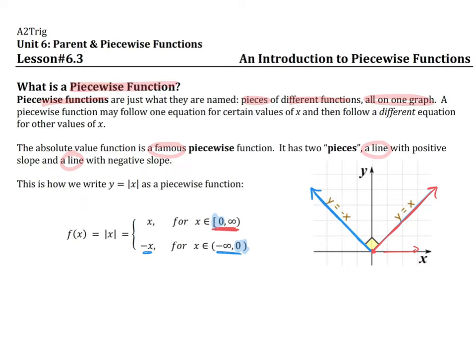We could have made this exclusive, and then still exclusive for infinity, but inclusive here. If it's inclusive of one for 0, it's exclusive of the other. The 0 can only be in one piece of the equation. That's what we're going to keep in mind as we go through more specific examples throughout this lesson.